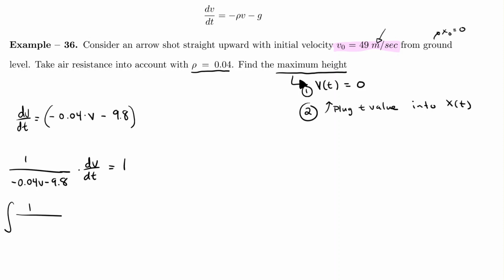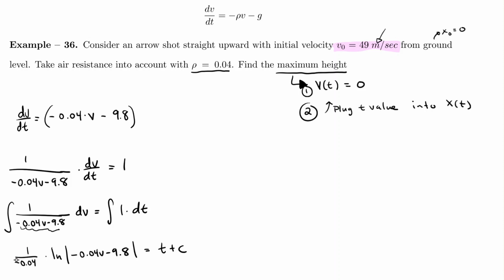Integrate both sides with respect to t. Now this will be a similar u substitution as we did earlier in the video, so I'd recommend that you pause it and attempt it on your own. We know that this is going to be natural log as long as we accommodate for what would normally come by taking the derivative of this term afterwards. So it'll be negative 1 over negative 0.04, or sorry, just 1 negative, times natural log absolute value of the input. Let's multiply both sides by negative 0.04 to cancel that out.